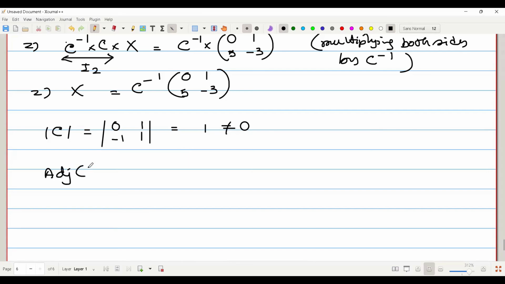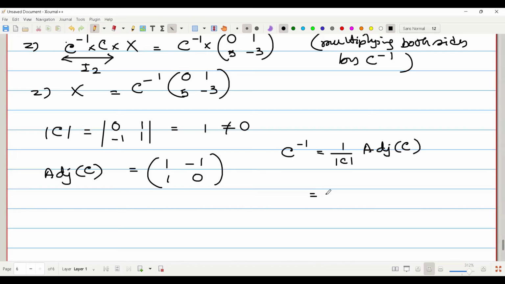So the adjoint of C is equal to [1, -1; 1, 0]. C inverse means 1 by determinant of C and adjoint of C, and the determinant of C means 1. So the C inverse is [1, -1; 1, 0].